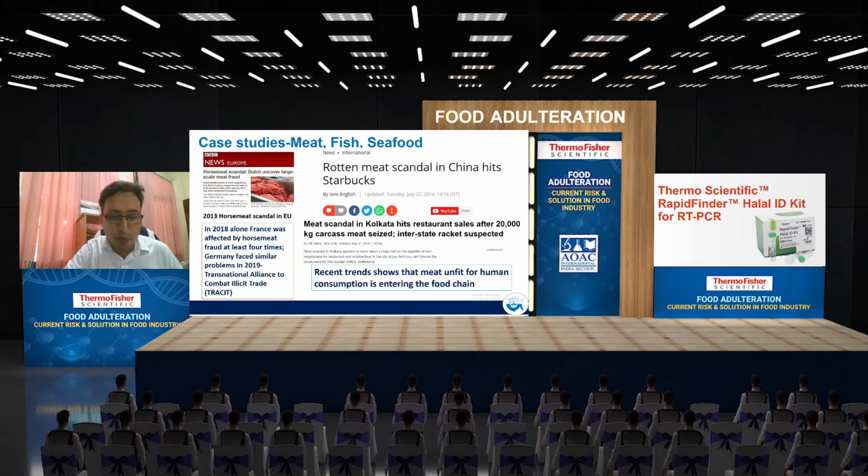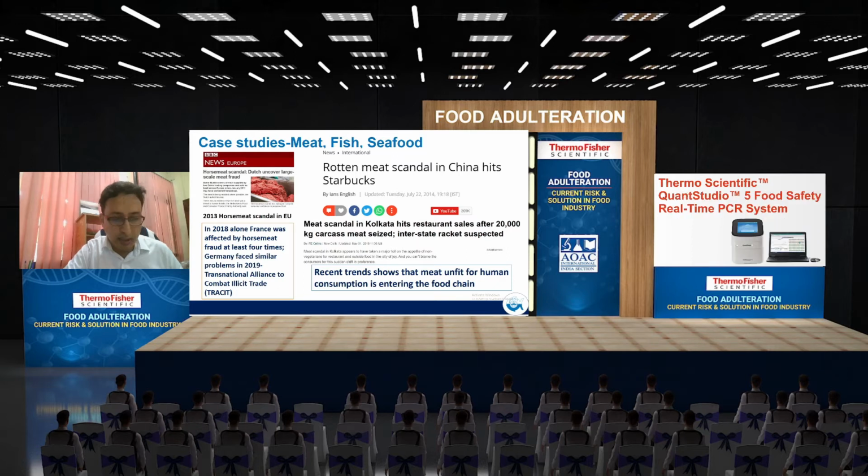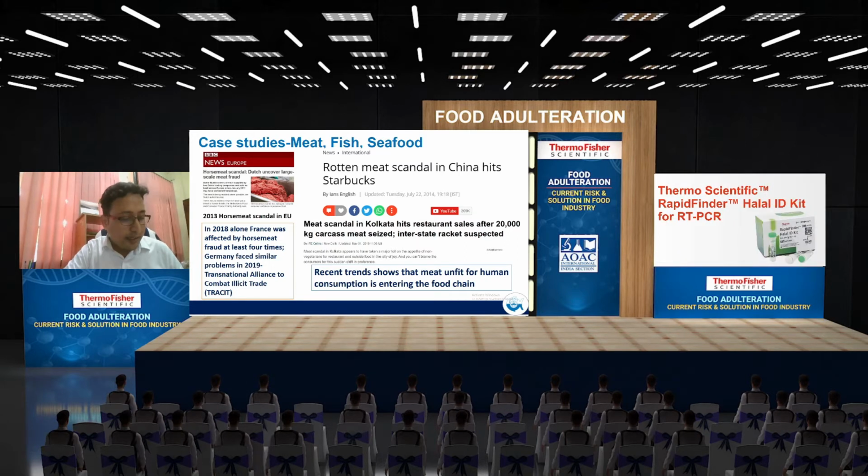Professor Chris Elliott from Queens University of Belfast led the UK review on this horse meat scandal and uncovered the extent of the fraudulent network, and famously this report is known as Elliott's report. However, despite all the vigilance and scientific efforts, in 2018 alone, France was affected by horse meat fraud at least 4 times, and Germany faced similar problems in 2019.